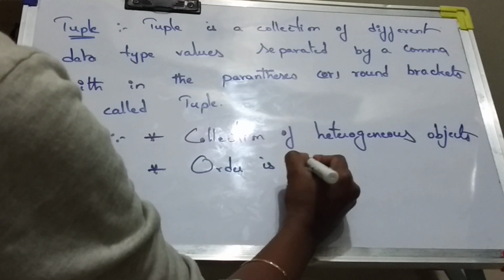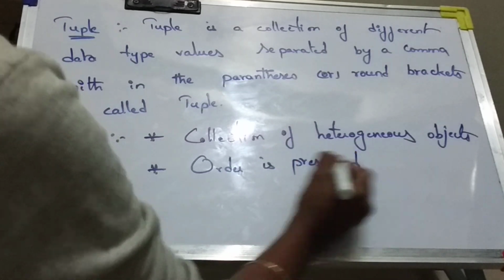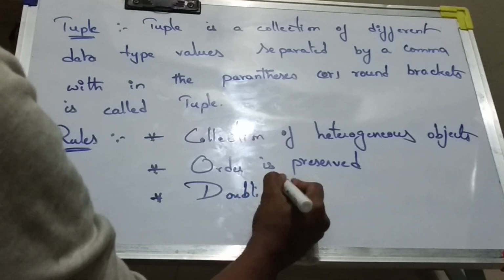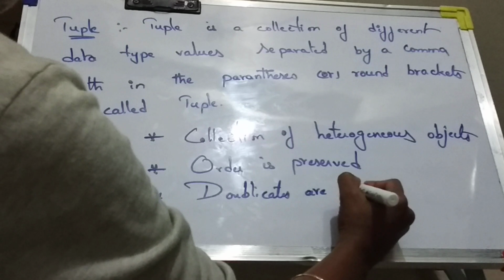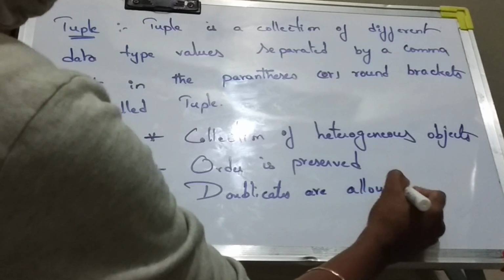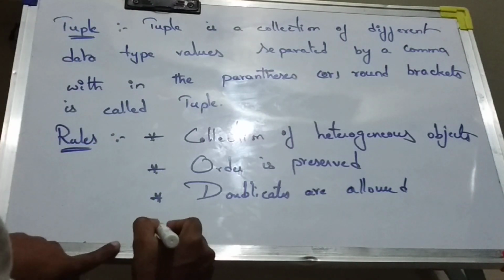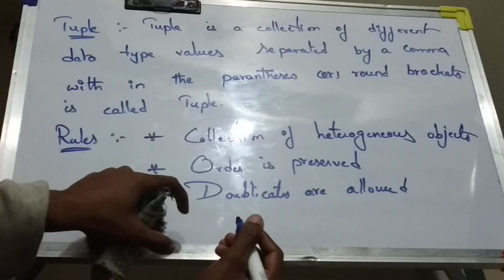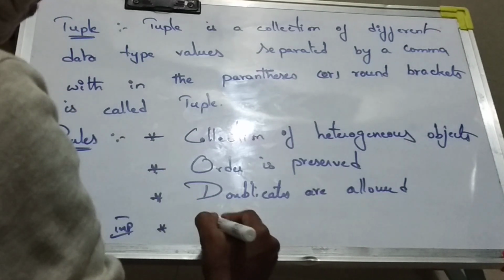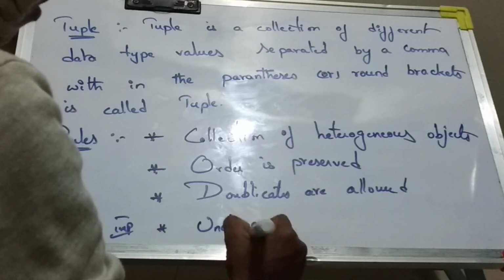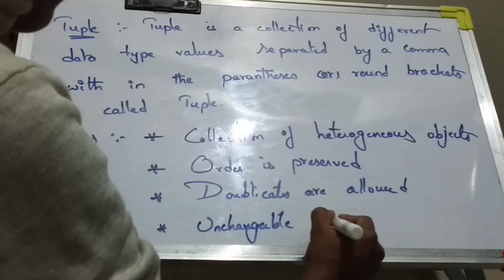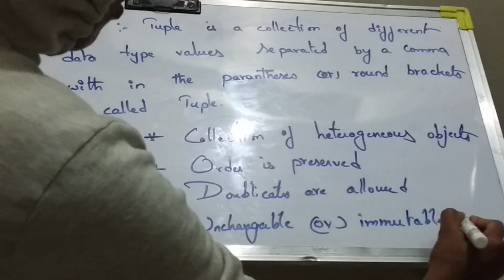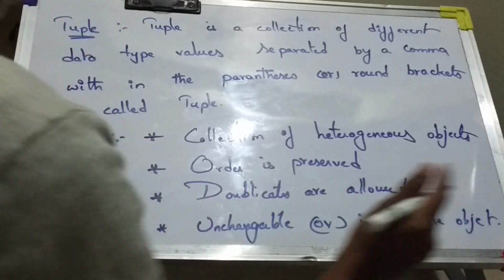Order is preserved and duplicates are allowed. These are the same as the list. This one is very important: last, it is an unchangeable object, unchangeable or immutable. Immutable object.